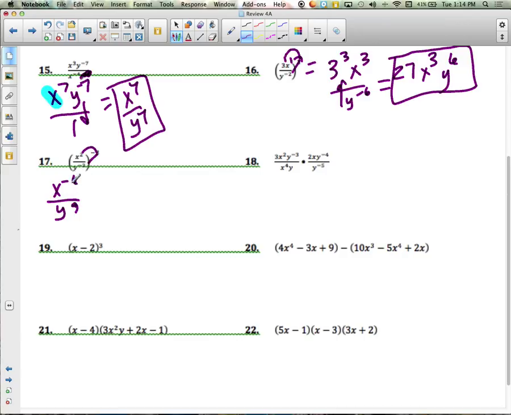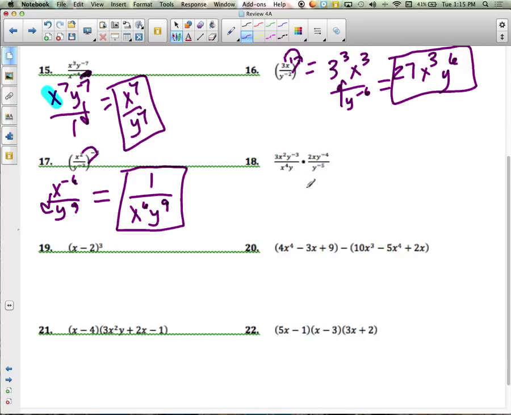It's not happy. It needs to be brought down. So when you move it down, you'll never have a 0 on the top. You just put a 1 in the numerator of the fraction. The x to the 6th will drop down, and the y to the 9th, it's positive already. It's happy where it's at, so it'll stay. And you'll end up with 1 over x to the 6th, y to the 9th.